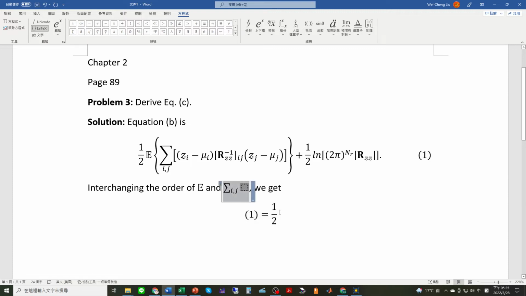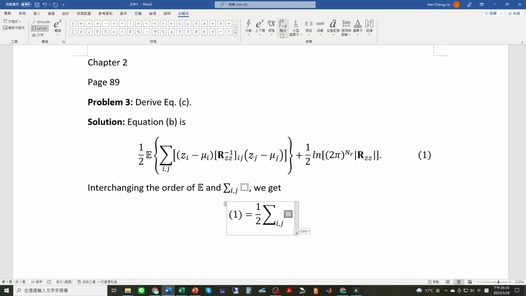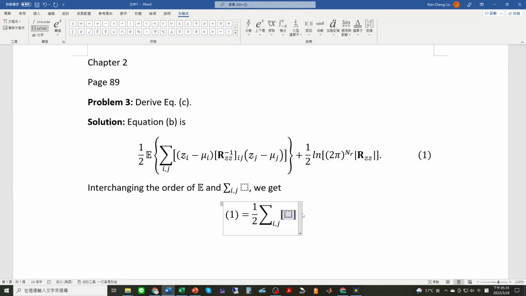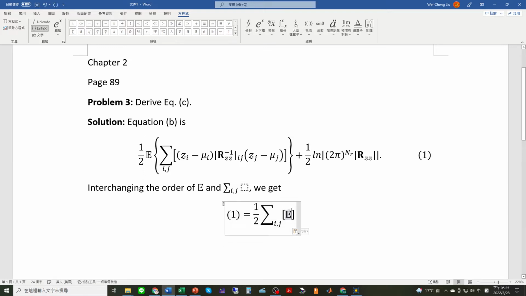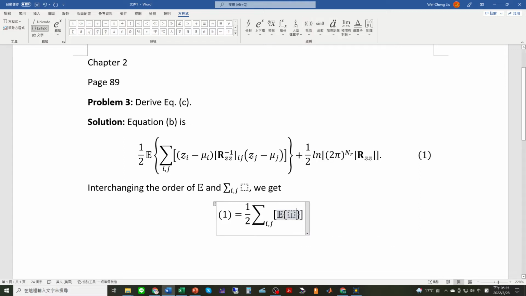This term summation ij, and I add a bracket here, summation ij, and the expectation here, and I add a big bracket here.